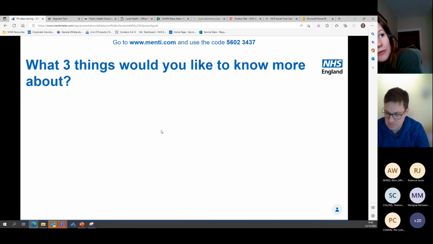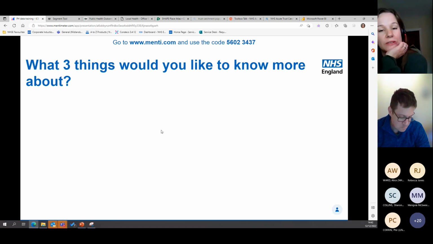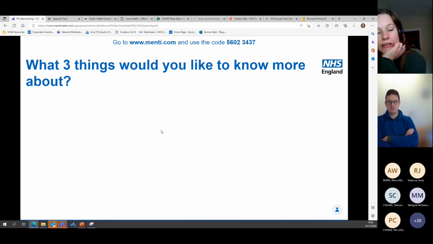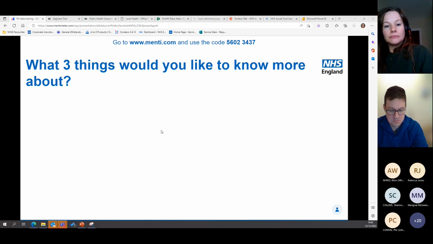I think there is some food for thought from what Stephen was saying around the way that we measure our populations and how that fits with the right audience. I think there is an interesting piece of work perhaps around that to do. But please, if you want to start adding anything else that you would like to know more about in Menti.